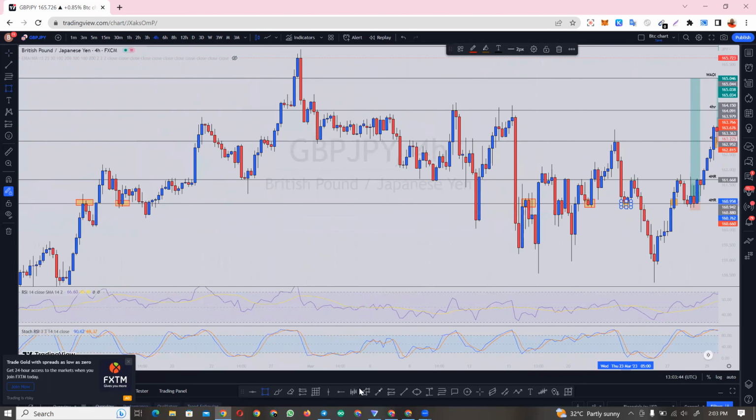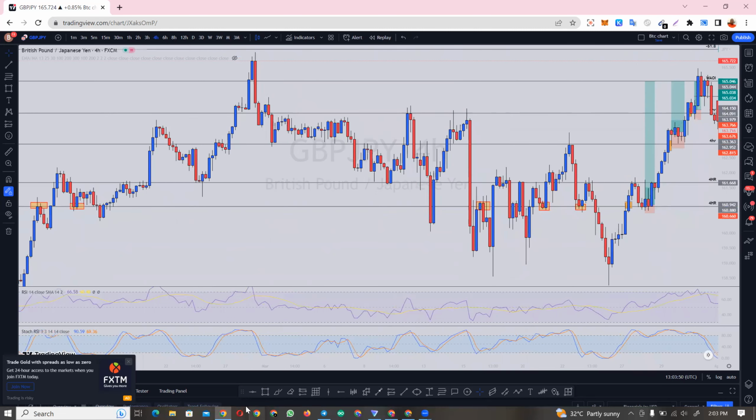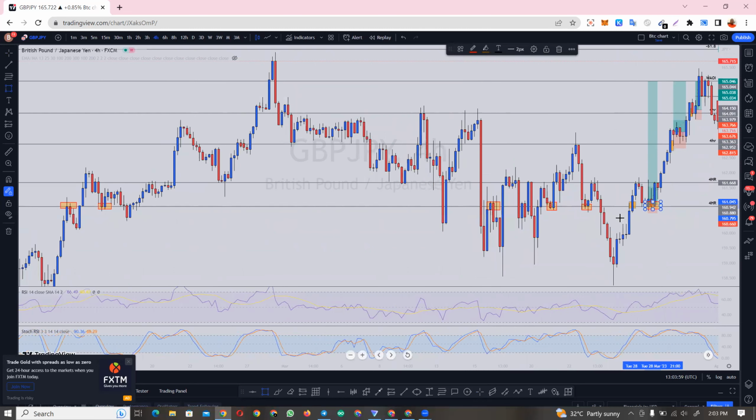Then we had a final breakout. Market respected this zone. So if you look at this place now, let me delete all this.